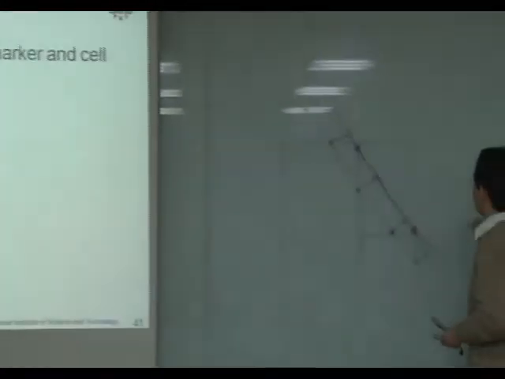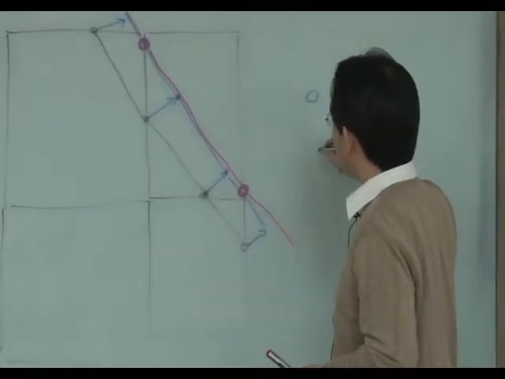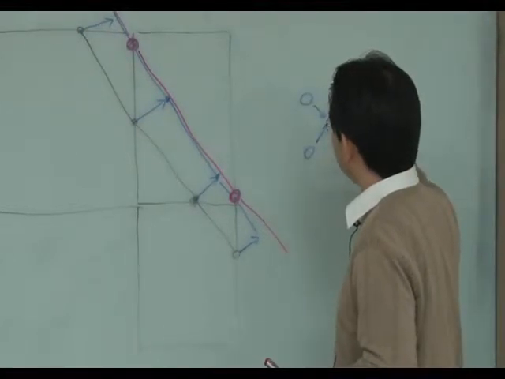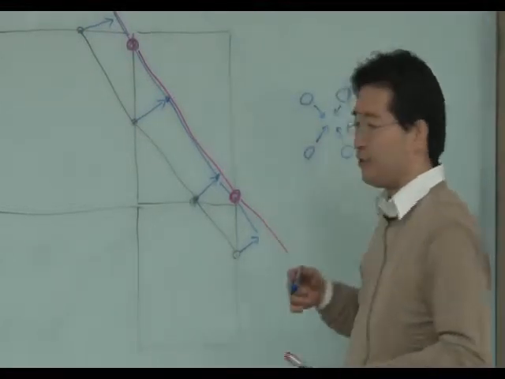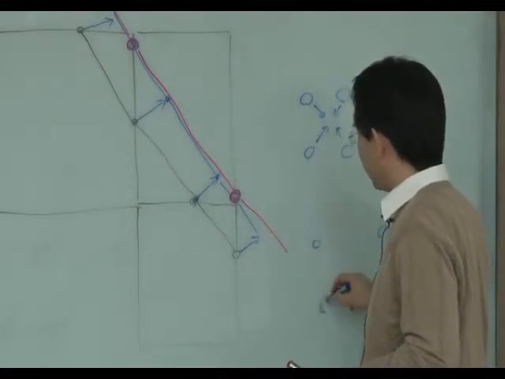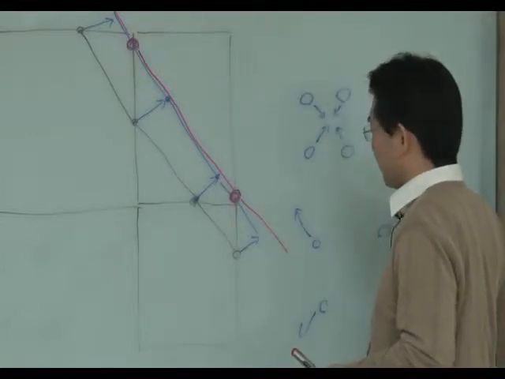In the MAC method, in some parts the markers are concentrated, caused by fluid motion, and in some parts the density is not sufficient.